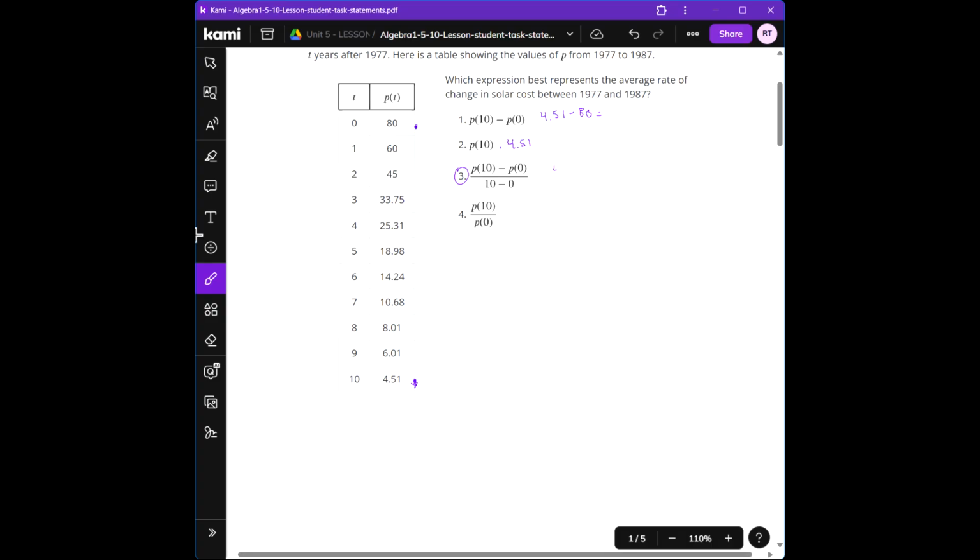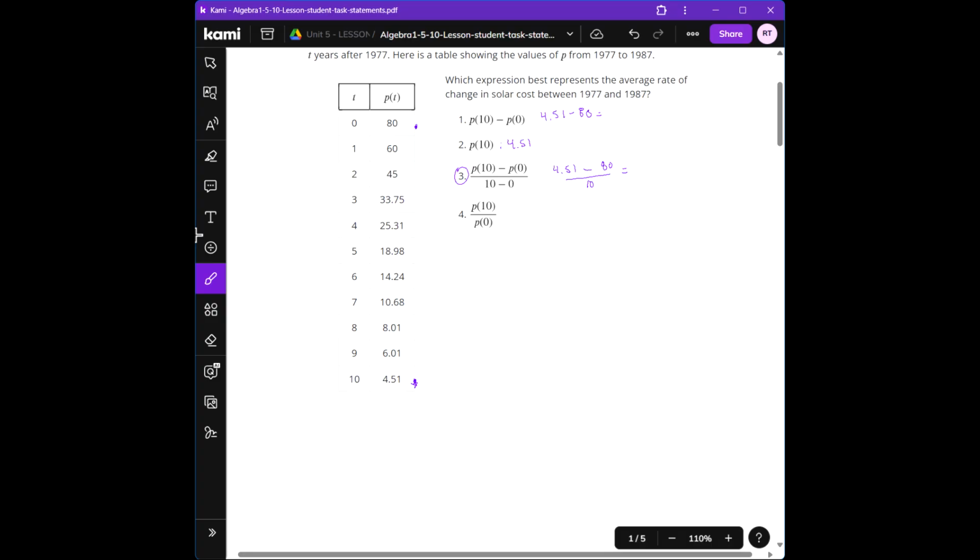If we plug in those values, we're going to have 4.51 minus 80 divided by the number of years that we have. Let's go ahead and calculate that.